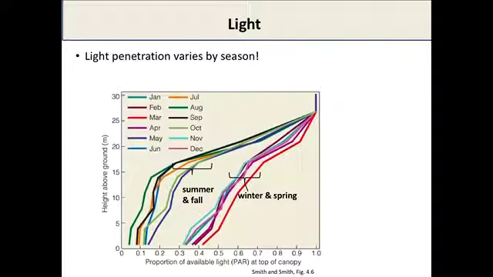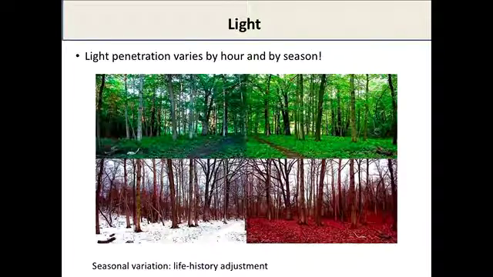What's happening? In full summer and in fall, when there's more leaves on the tree, more leaves on the canopy layer, they're absorbing a greater proportion of the light. In winter and in early spring, those leaves are not out. So there's more of that light coming through, more light is hitting the forest floor because the deciduous plants have dropped their leaves.